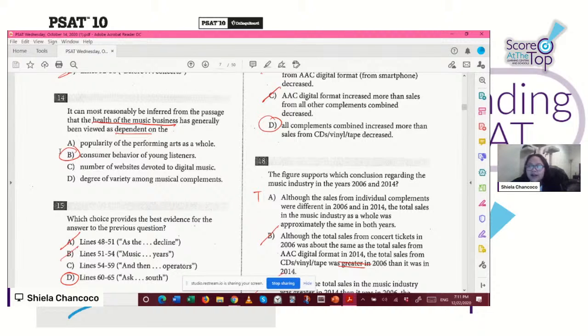So I've noticed that most students will always pick the second one, the evidence, right? And they have a disconnect with answering and translating the evidence to the answer choices.